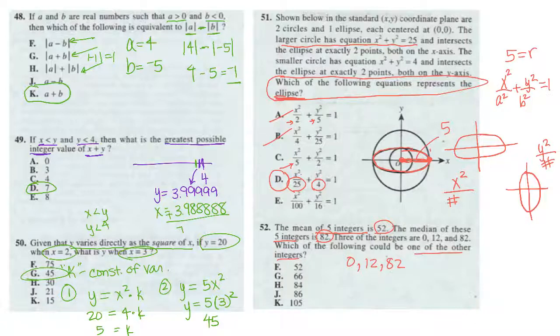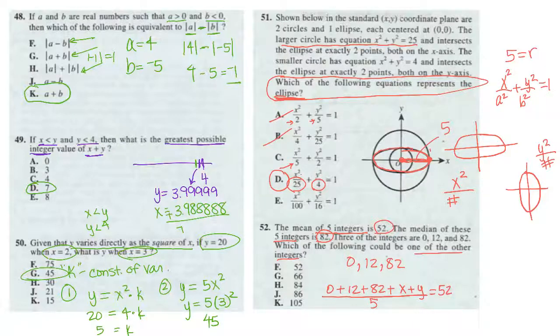Now we have to be careful here. We do need to realize that there are 3 of them. So if I talk about the mean, that would mean 0 plus 12 plus 82 plus these other 2 mystery numbers, and I divide those by 5. That's going to give me 52.